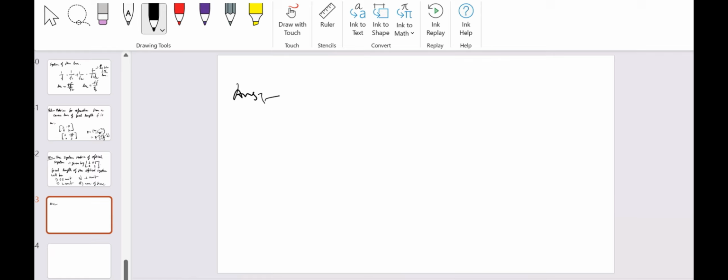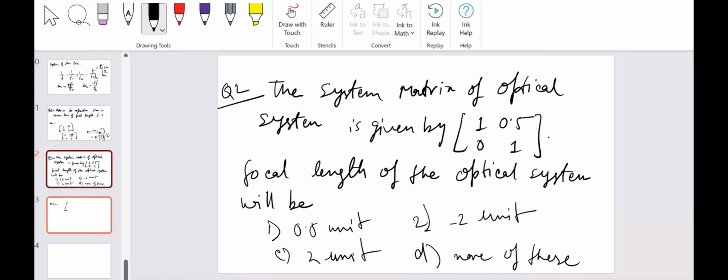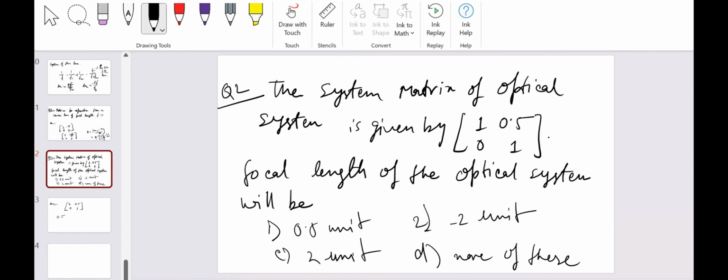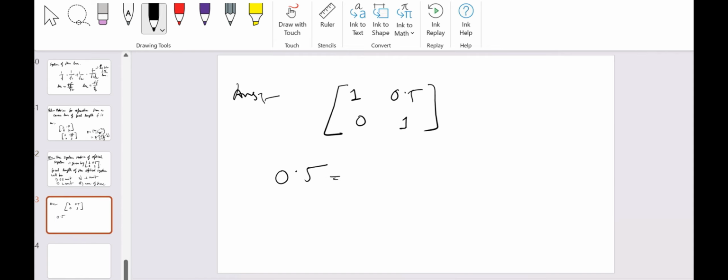So the answer is minus 2, because the matrix is 1.5 0 1 and 0.5 is minus 1 by f. So basically f is minus 2 unit.